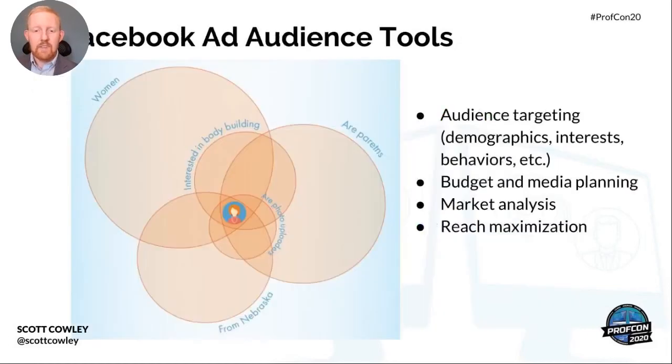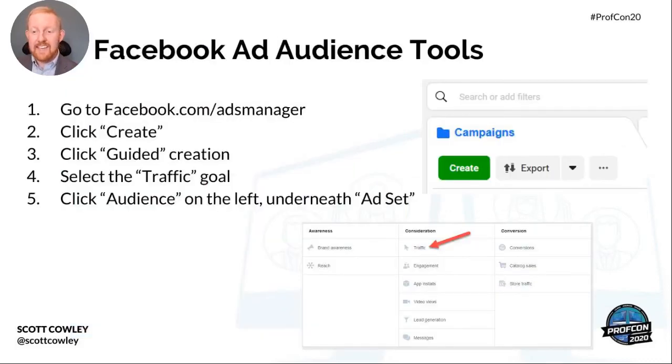The cool thing about these tools is that you can overlap as many of these audiences and demographics as you want to get down to your target market. It's extremely effective in a lot of different cases. If you want to get there yourself, these are the instructions that would get you exactly to where you can play around with the audience tools and see those projections change.